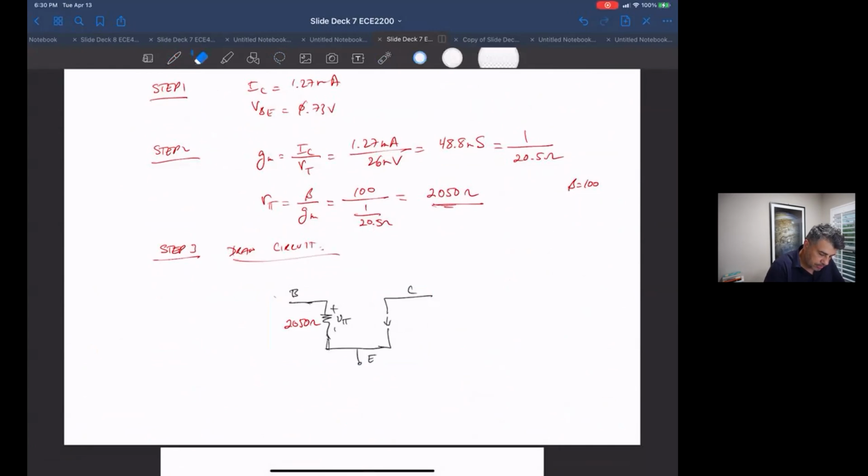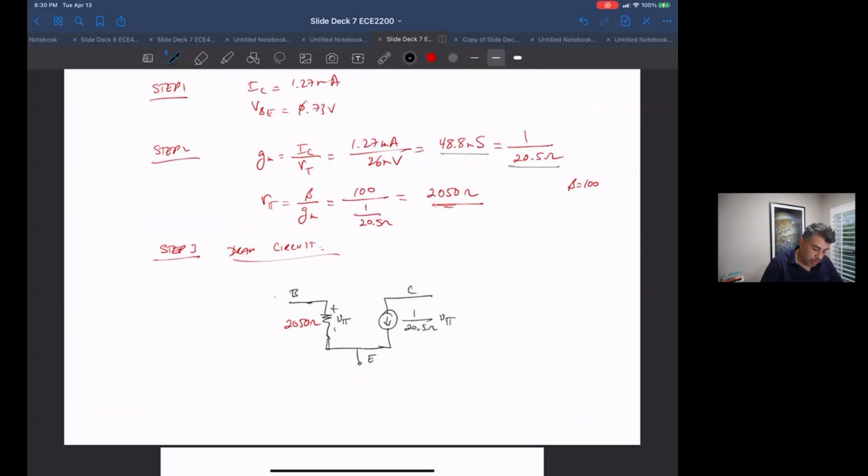And G sub m, we have a value for it, 1 over 20.5 ohms, times V sub pi. Okay, so we got those values.